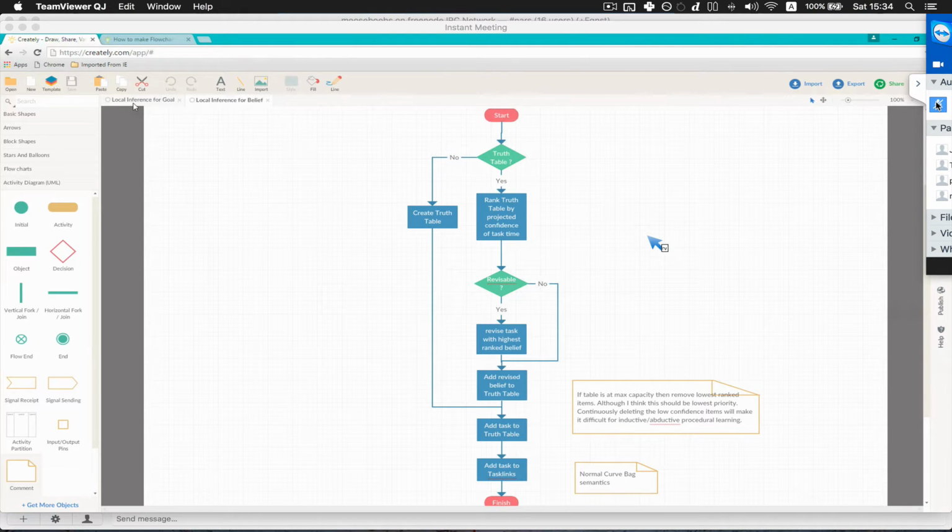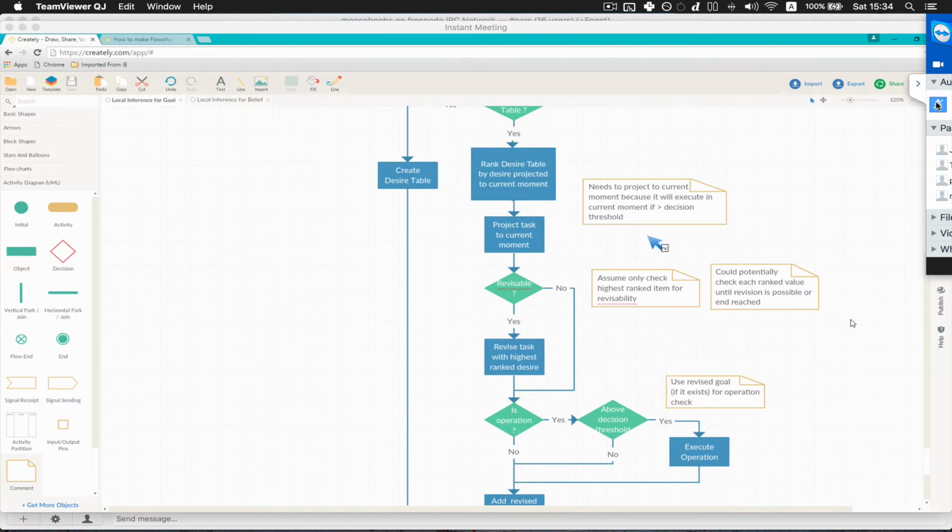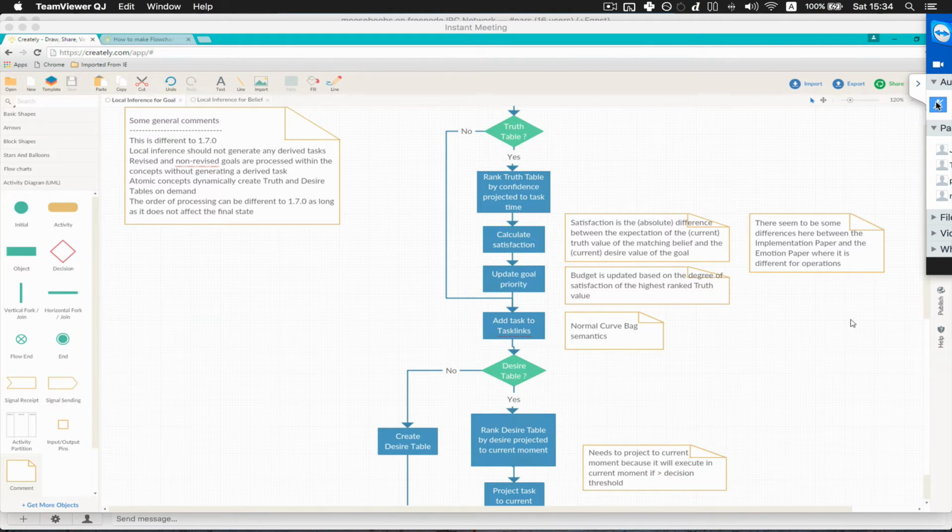Let me just go back, because it's easier to think about it if it's attached to a goal. I know, well, okay, so you're right. I see what you mean.